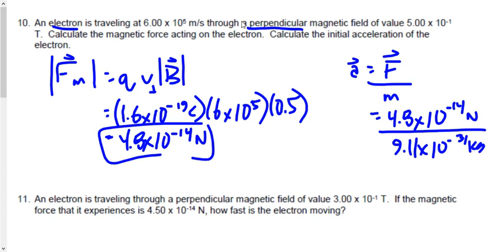Somebody said to me when we were going over the answers to these questions earlier that we have such a high acceleration with such a small force because we're dealing with such a small mass, right? We don't have masses smaller than the mass of an electron. This is the smallest mass we got. So of course, it doesn't take much force to cause a big acceleration for that tiny little mass. Okay, we do the division there, and it works out to be 5.27 times 10 to the 16.